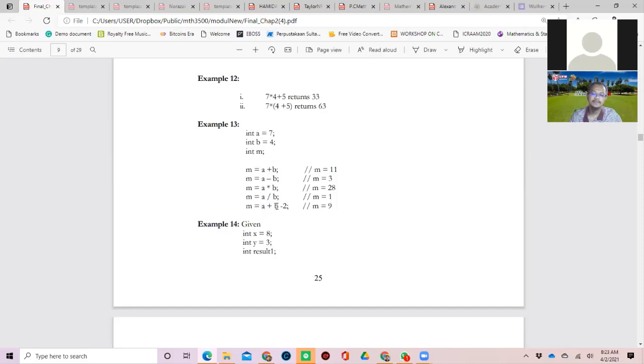Same result again, but in C the rule is like that. If you have operators with the same level of priority, then you need to go from left to right, for plus and minus, and for star, divide and modulo. I have the complete table of priority, which maybe later we will show you or send it to you and put it in the Putra Plus.